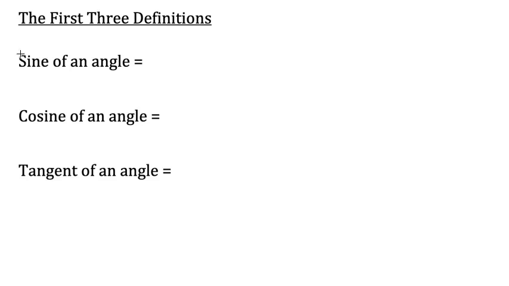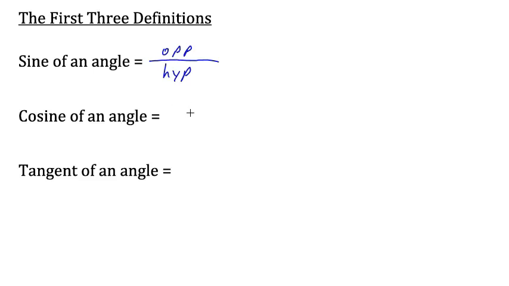Okay, let's learn these three definitions. Let's figure out what the sine, cosine, and tangent of an angle are. The sine of an angle is going to equal a fraction or a ratio. It is the length of the opposite leg over the hypotenuse.